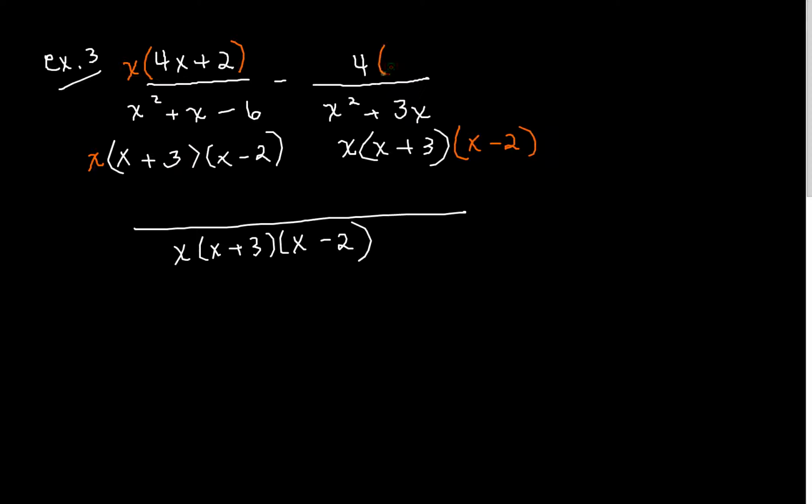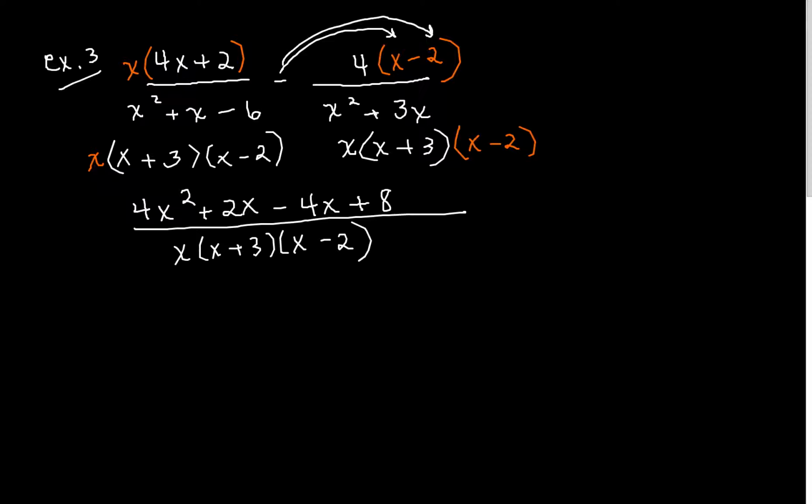So we're going to take this times x minus 2. And we're going to distribute it through. So we're going to get 4x squared plus 2x minus 4x plus 8. See how I distributed this negative, went through both of these, and it changed that negative to a positive.